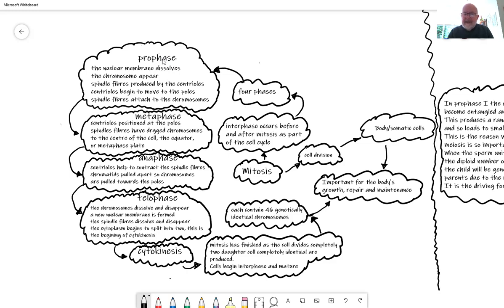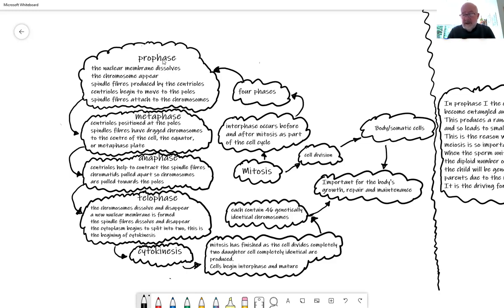Now, in telophase, because we've now finished with the movement of chromosomes, they can uncoil, and as they uncoil, they dissolve and disappear, and a new nuclear membrane goes around our DNA and chromosomes to trap it in there once more.